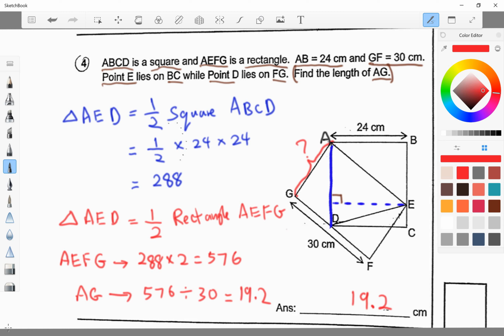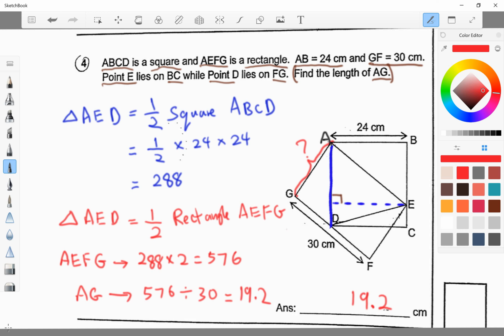You managed to differentiate between the triangle, see the relationship between the triangle and the square, and how it's all related and how it's all linked together. So if you recall, from the square ABCD, I'm able to find the area of triangle AED, which happens to be half the area of the square. And this triangle AED is not just sitting inside the square, it's also sitting inside the rectangle AEFG.